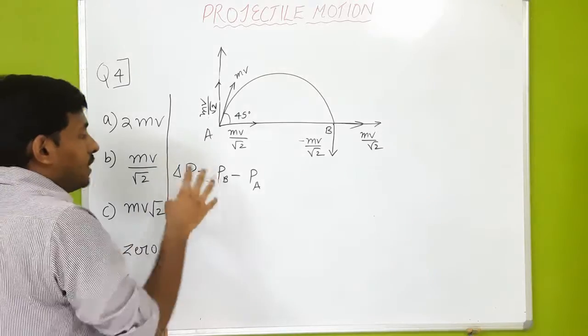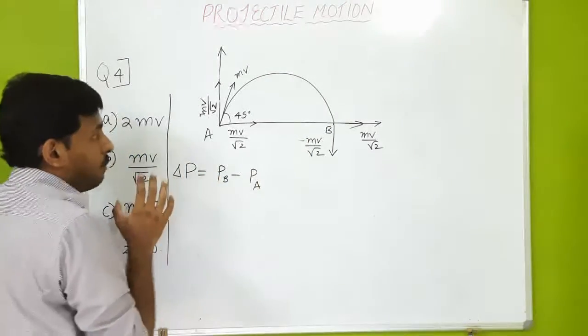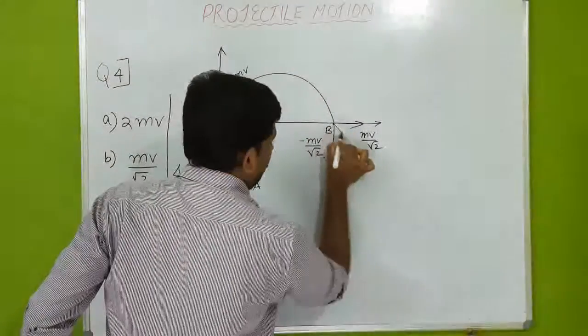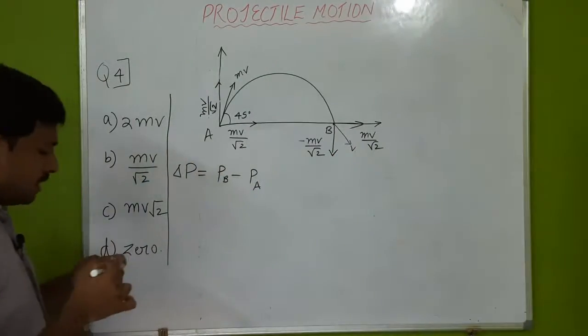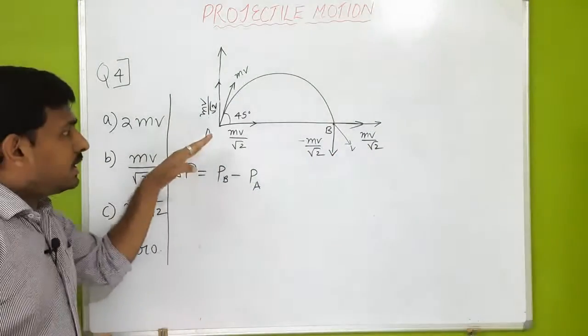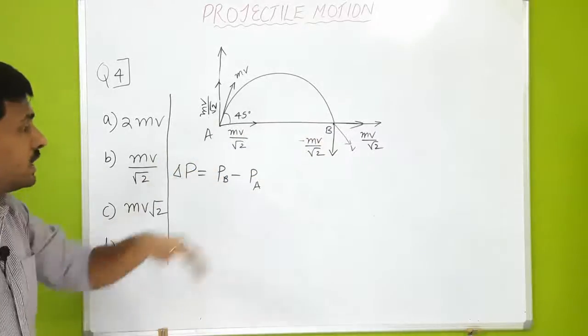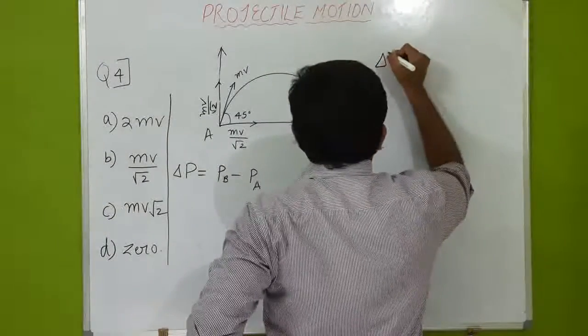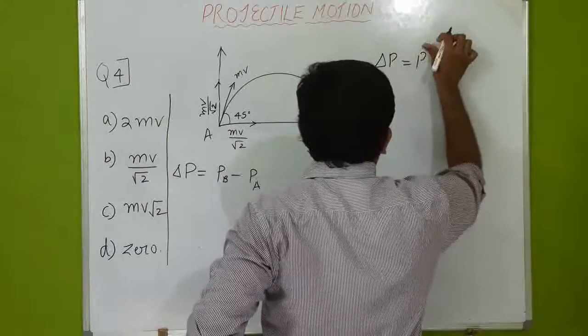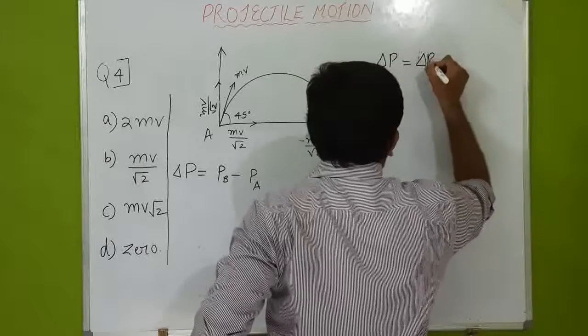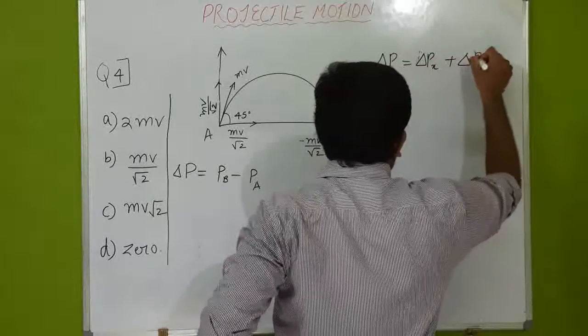So the change in momentum is equal to the momentum at B minus the momentum at A. But as you see here, the x component of momentum always remains constant. This delta P is equal to the change in momentum in the x direction, that is delta Px, plus delta Py.